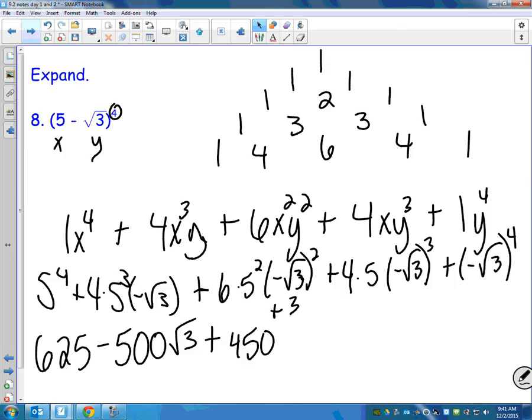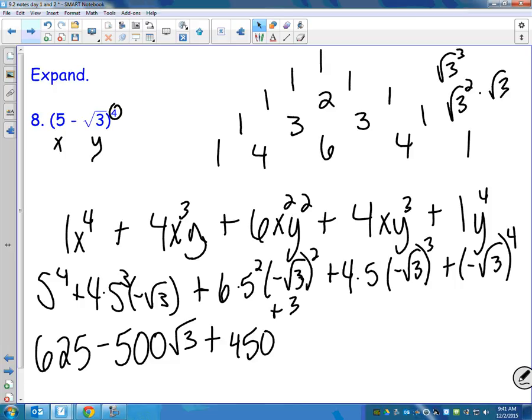But then, on the next one, if I have the square root of 3 to the third power, unless you have a fancy calculator that simplifies square roots for you, if you type the square root of 3 to the third power, it's going to give you a decimal, and I don't want a decimal, I want the exact answer. Which means I want you to realize that you could break that up as the square root of 3 squared, and then you have an extra square root of 3 left over.